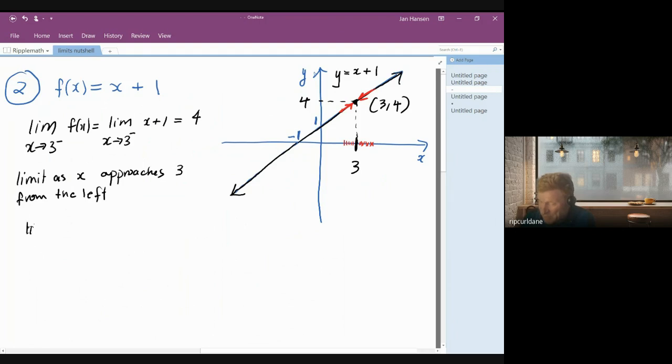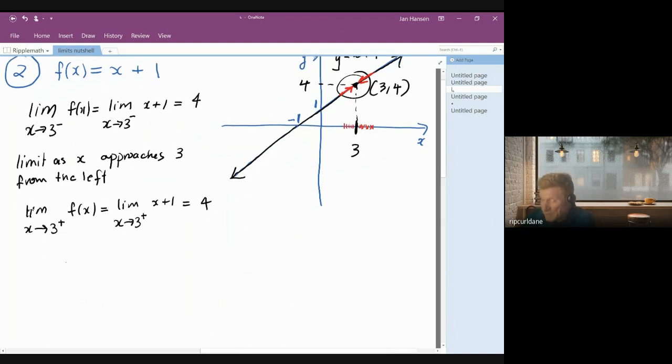Similarly, the limit as x approaches 3 from above, ooh, that was bad, let me rewrite that, of f of x. There's a lot of notation with this sort of stuff. It pays to play the game though. So that's 4. And in this case, the function also exists there. You can see that. So you've got the left and right limits are equal.